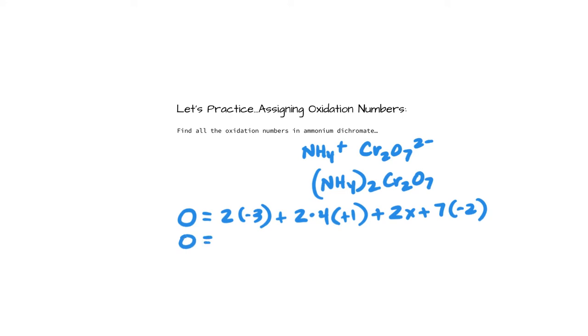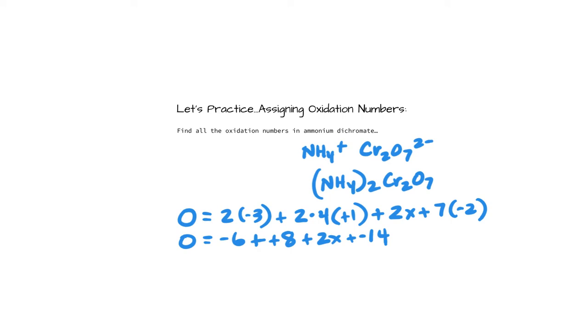So 0 equals 2 times negative 3, which becomes a minus 6, plus 2 times 4, which is 8, times plus 1 becomes plus 8, then plus a 2x, and then 7 times minus 2 becomes a minus 14.